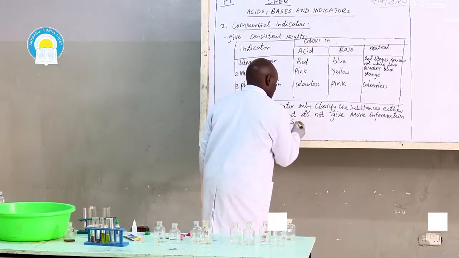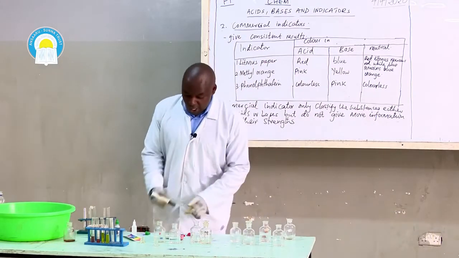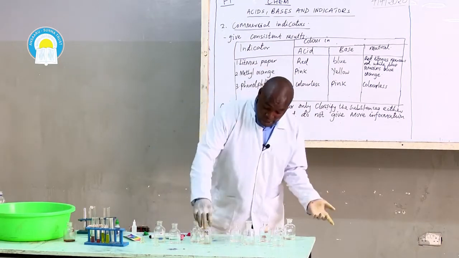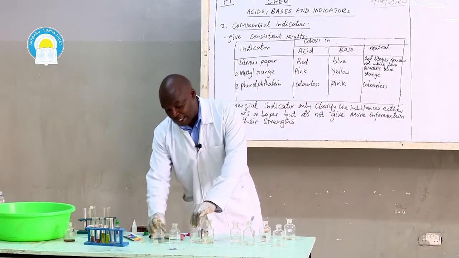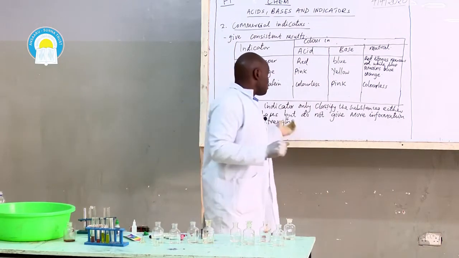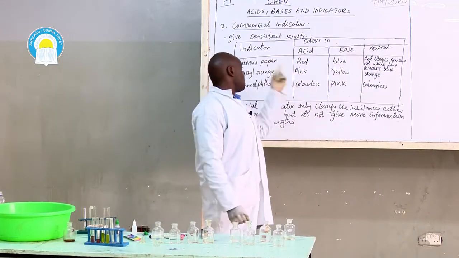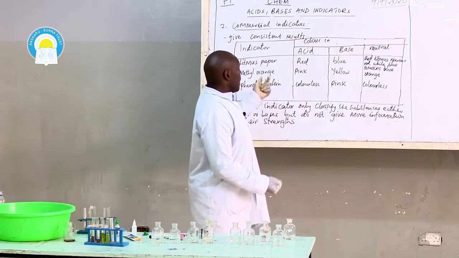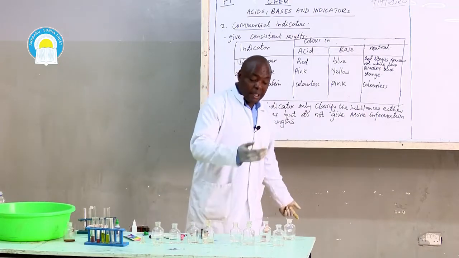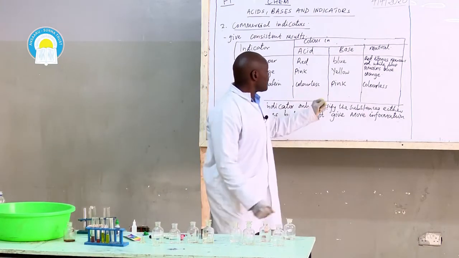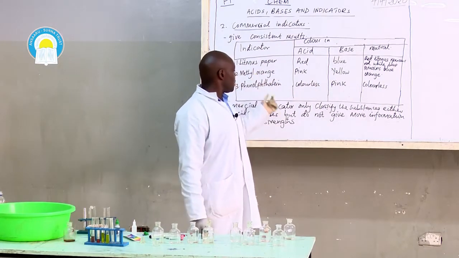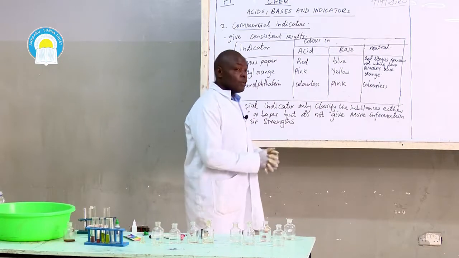As we have said, strong acids like propanoic acid and hydrochloric acid will show the same color in litmus paper, the same color in methyl orange, the same color in phenolphthalein indicator. Sodium hydroxide, sodium carbonate, and ammonia solution will also show the same color in each indicator.